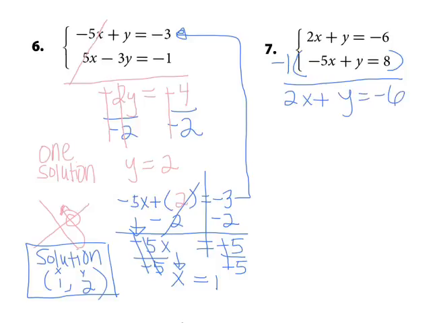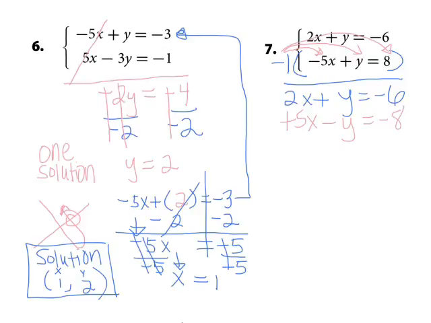So the bottom equation is going to be negative 1 times negative 5, which gives me positive 5x. Negative 1 times positive y gives me negative y. And negative 1 times 8 gives me negative 8.